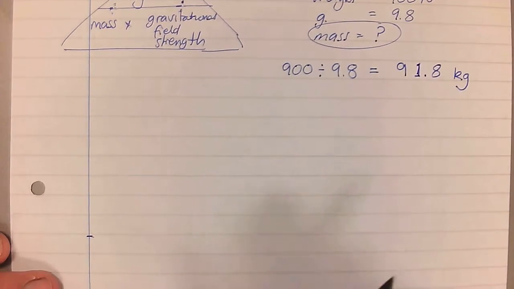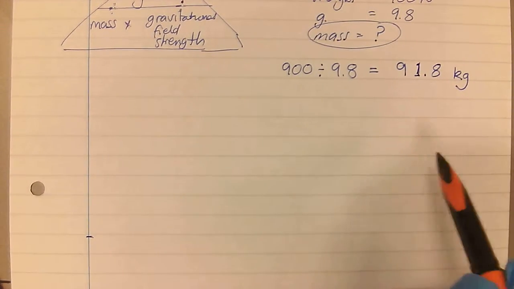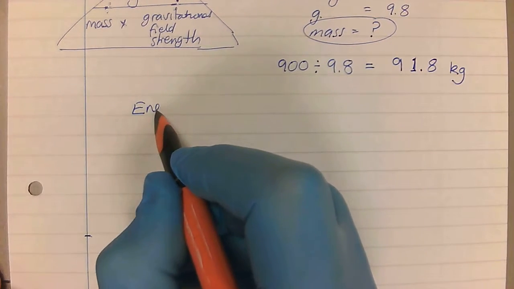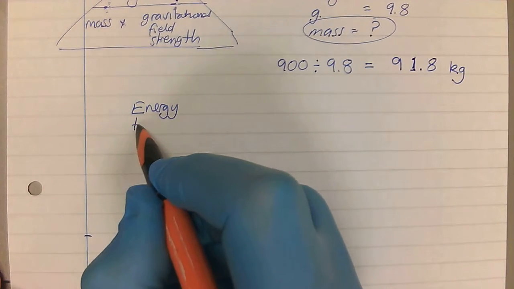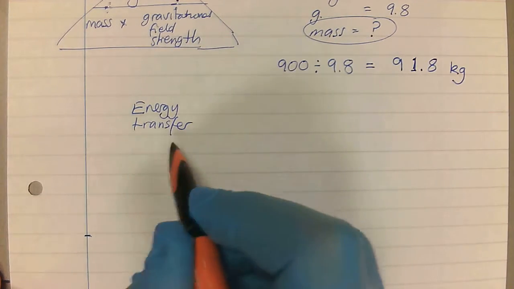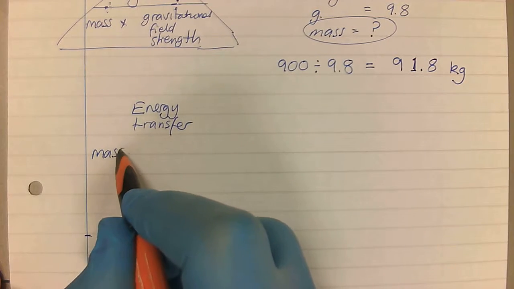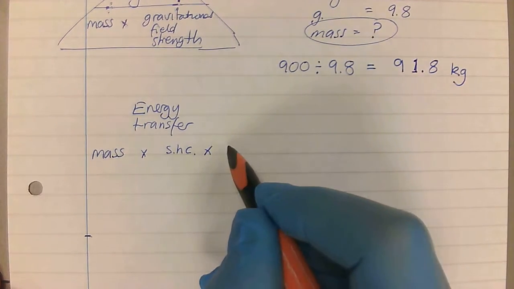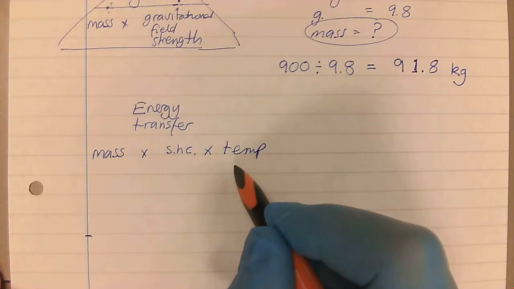Personally, not being too keen on my triangles, I'd rather put them in circles so you can have more parts to them. So for example, if you've got energy transfer, and this is an equation you're given, don't worry, you don't need to learn this one, energy transfer is mass times specific heat capacity times the temperature change.